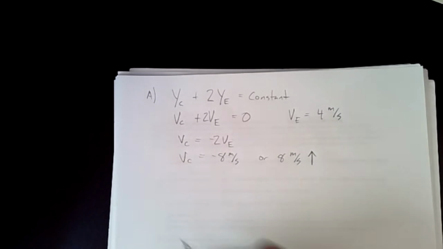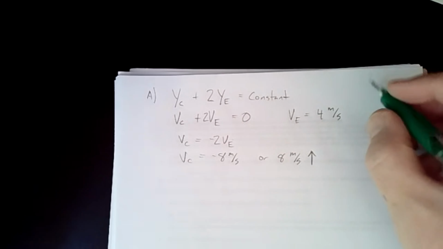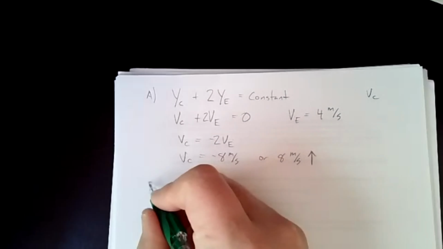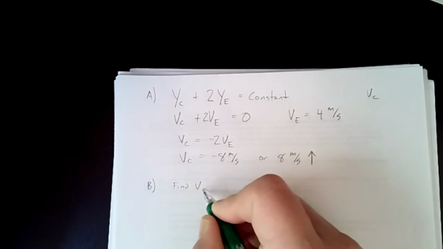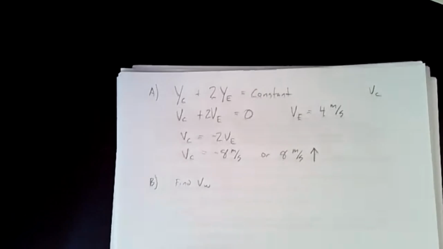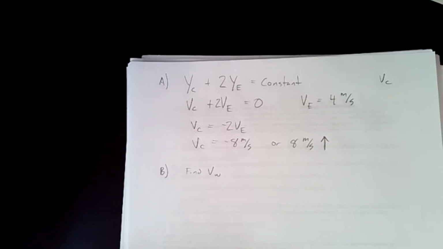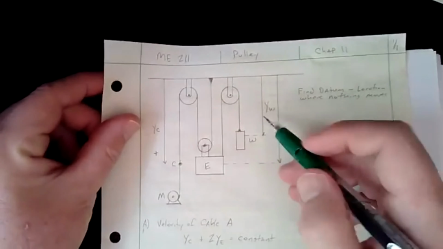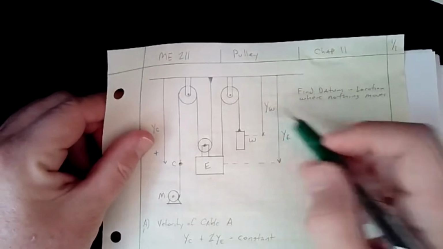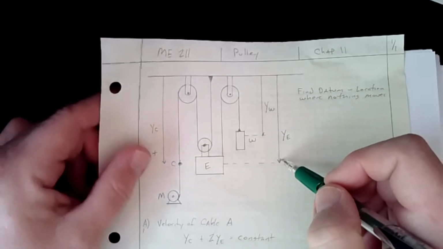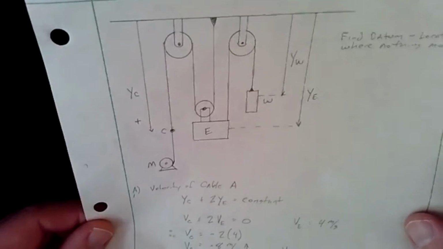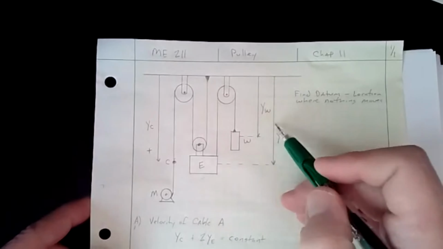So then the second one, so this was the finding the velocity of C. And then in B, we wanted to find velocity of W. And so for W, if we go back to our picture, we see that YW and YE both move as a factor of 1.